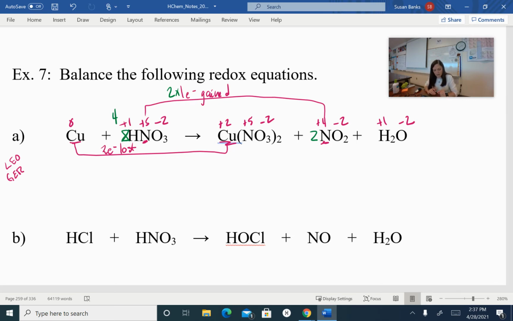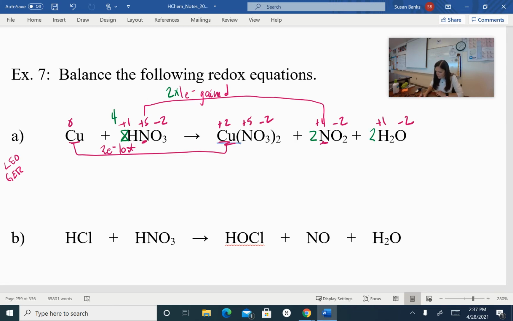Okay, now I need to start looking at my hydrogens. Because I don't have any charges here at all, I don't have to really balance charges. So let's look at my hydrogens. I've got 4 hydrogens here, so I need 4 over here.